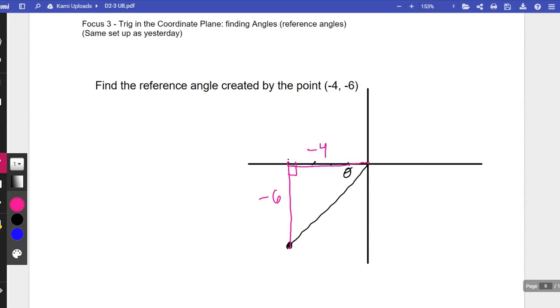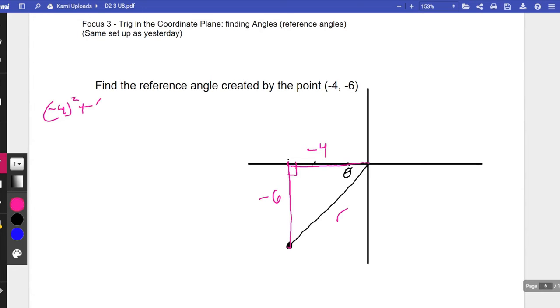No pun. We need to know what the hypotenuse length is. We'll figure out what r is first.